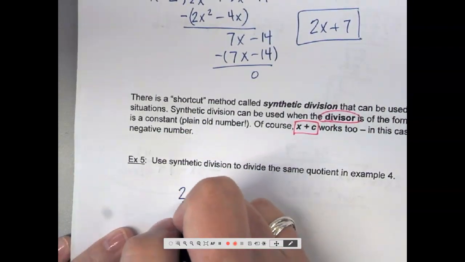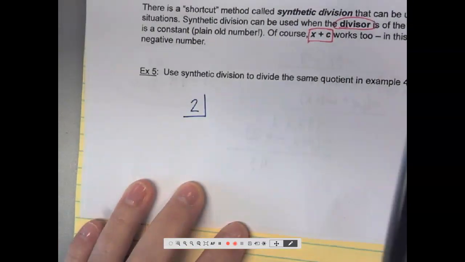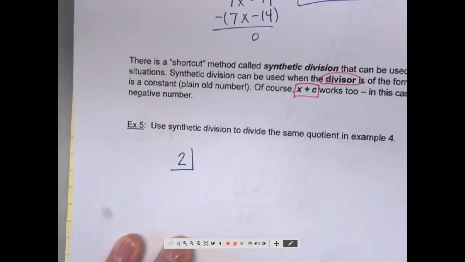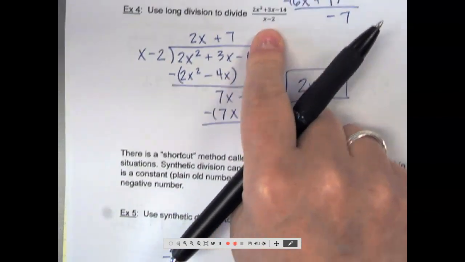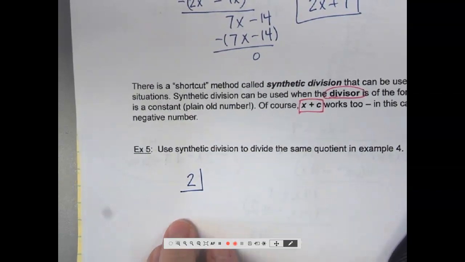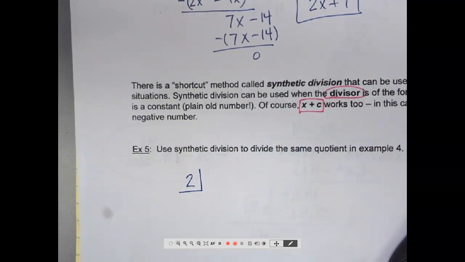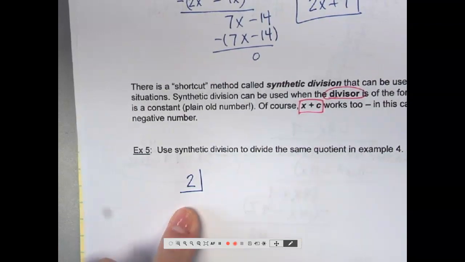That number goes in this little half box. If this was x plus 2, I would put a negative 2 here. I'm taking the opposite sign, which is why I'm going to add in a minute. I'm eliminating subtraction, but multiplying this number by a negative to compensate for that subtraction.